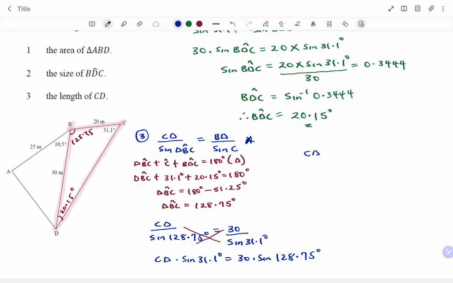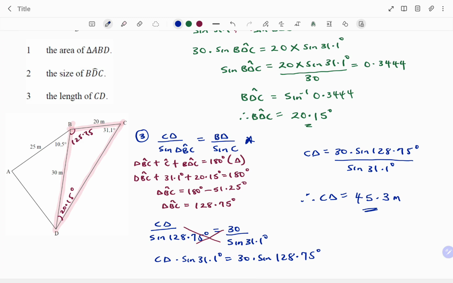Therefore, CD equals 30 times sine 128.75 degrees divided by sine of 31.1 degrees. Therefore, the length CD equals 45.3 meters to 1 decimal place.